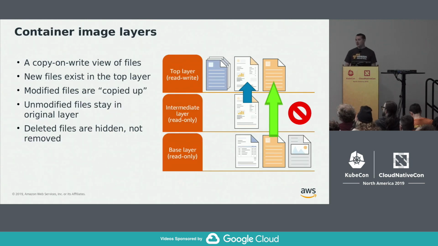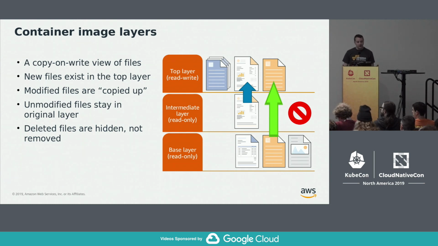I want to talk a little bit about what layers are, because this is interesting and relevant. In container images, you usually have some sort of concept of a union file system that composes different layers together. I've got a diagram here that tries to show this. You can see that there are 3 layers at the bottom.